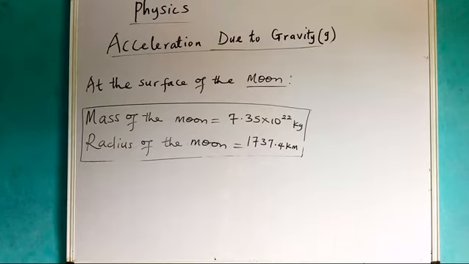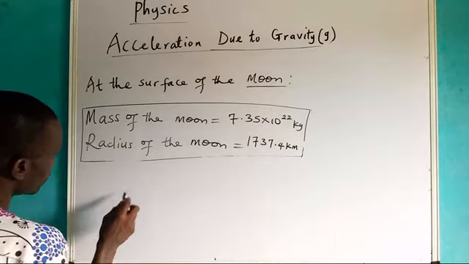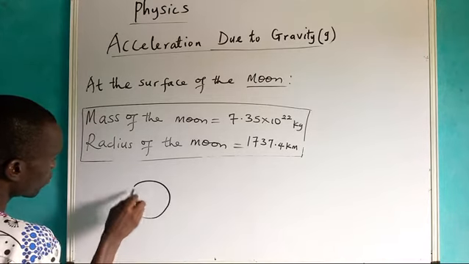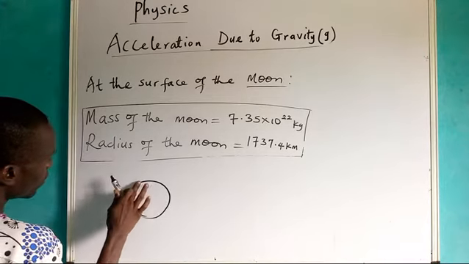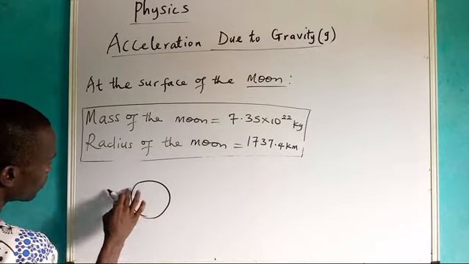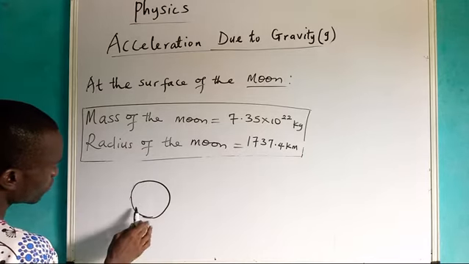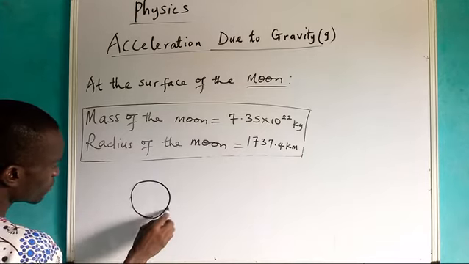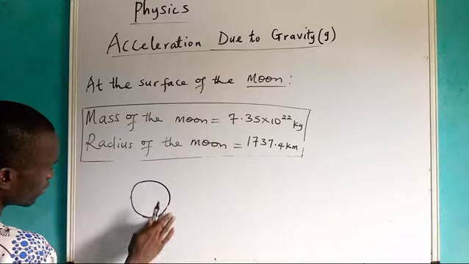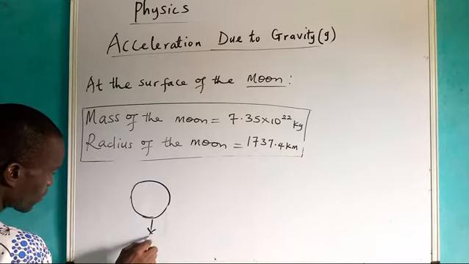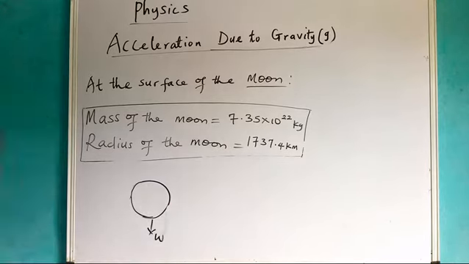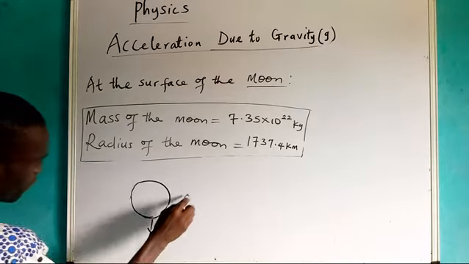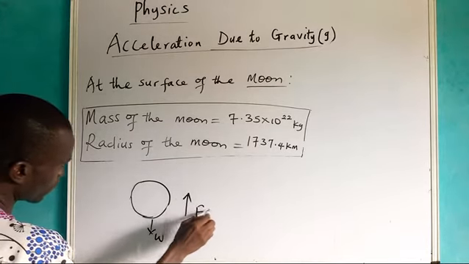Now, suppose this is the moon. Don't forget, there's always a weight force acting downward. And now we have the gravitational force which is acting upward.